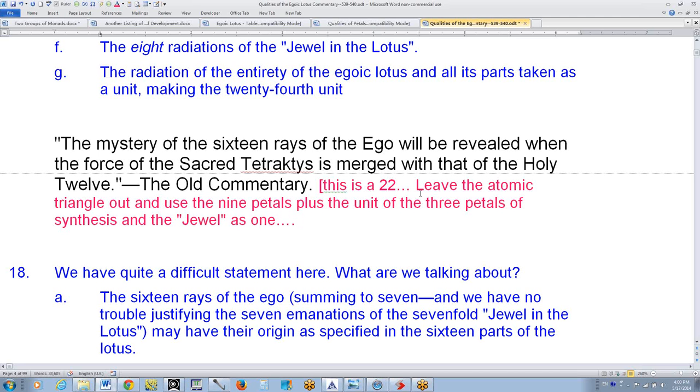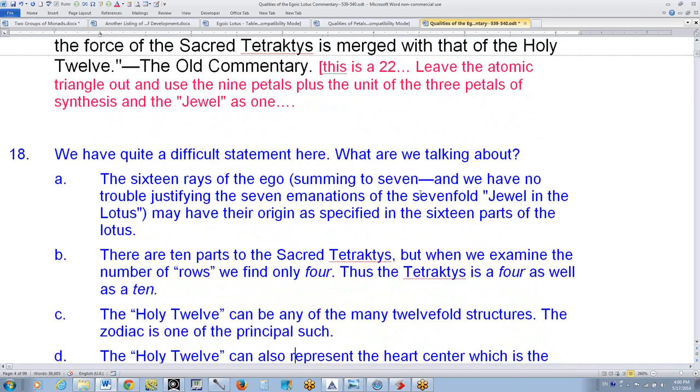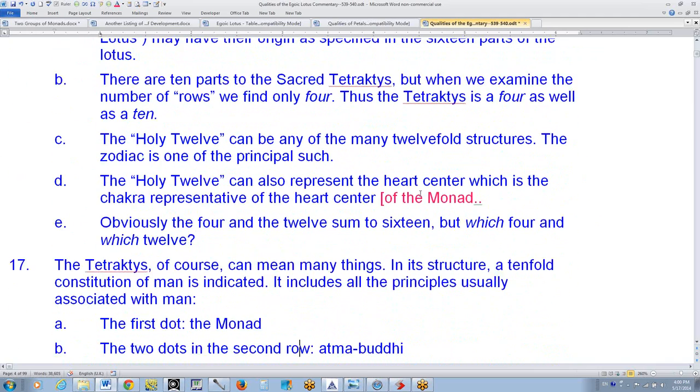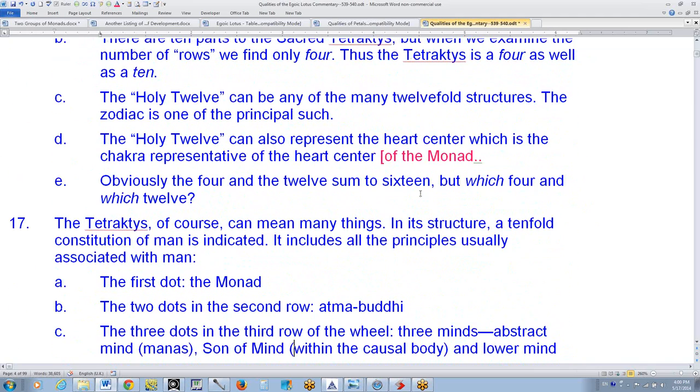Well, we did find, of course, earlier the way to make the 22, and it had to do with adding in the sevenfold jewel to the other 3s. The Tetractys, of course, can mean many things, and in its structure, a tenfold constitution of man is indicated. Wherever there's a 7, there are 3 more. There's a 10. So the principles usually associated with man: the first dot, the monad.